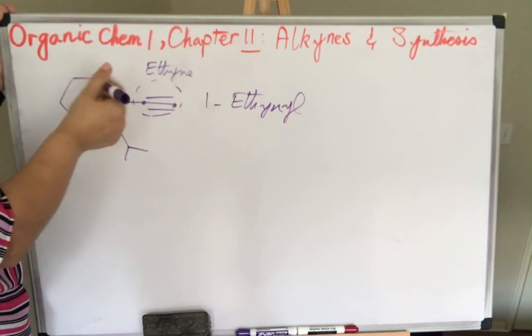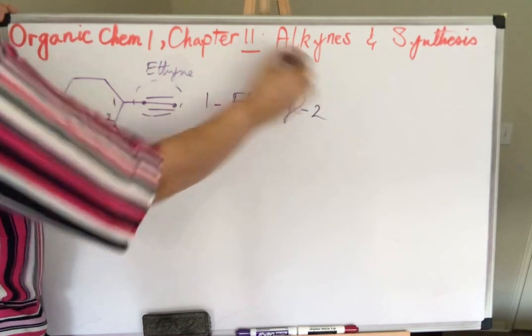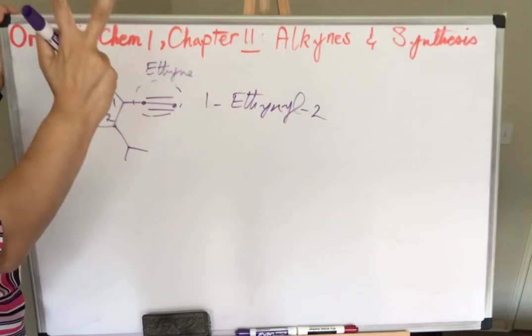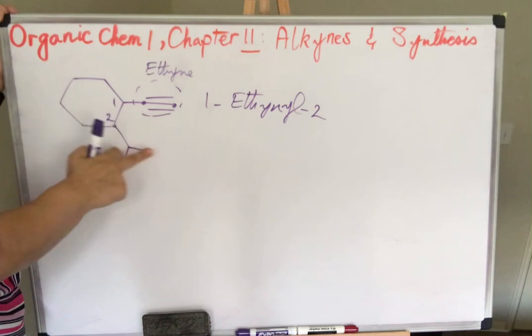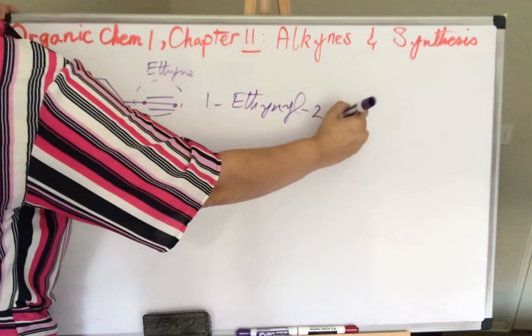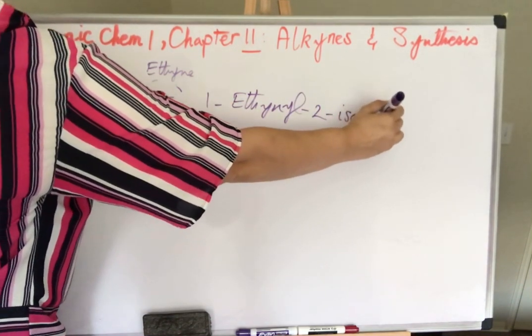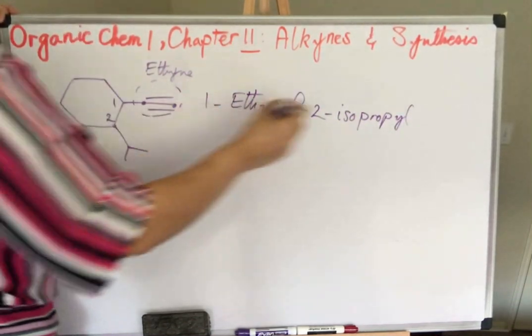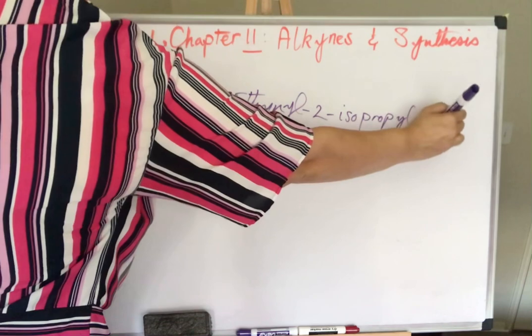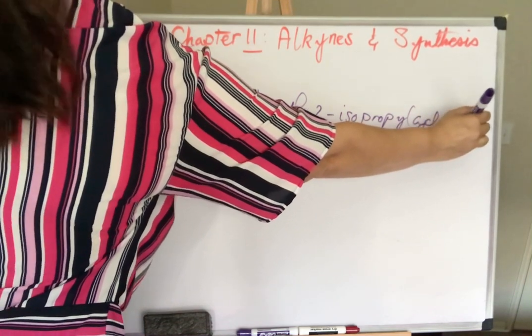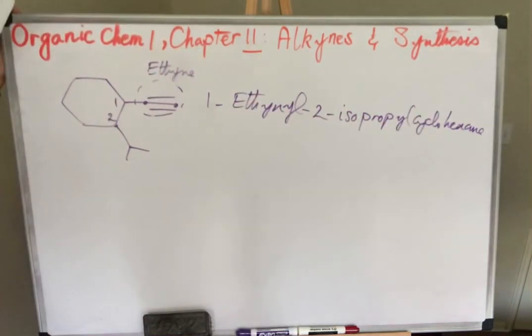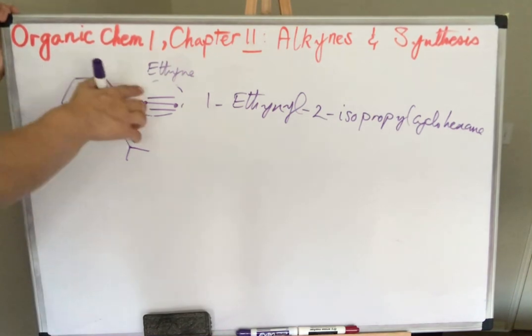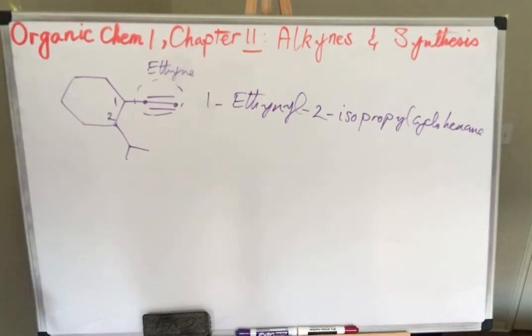Ethynyl. 2. What do you see on 2? The V-shape substituent is isopropyl. Isopropyl. And what is our main structure? It is a cyclohexane, right? Cyclohexane. So watch out for the triple bonds outside the rings.